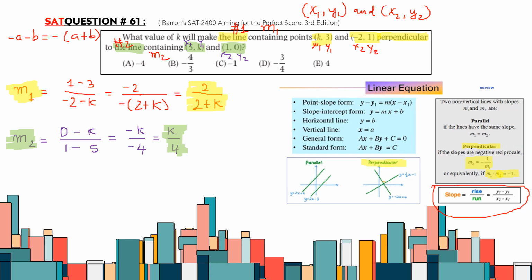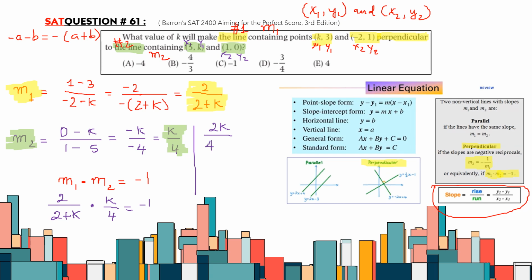So with the formula, we will have m1 multiplied by m2 equal to -1. Now we plug in. We have m1, 2 over 2 plus k, multiplied by k over 4, equal to -1. So 2 times k, we have 2k at the top.